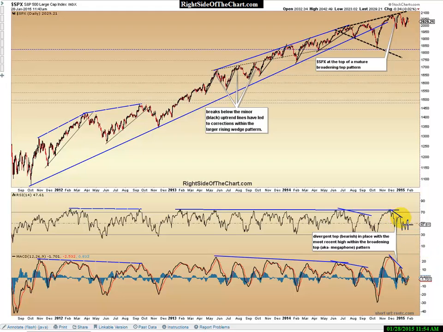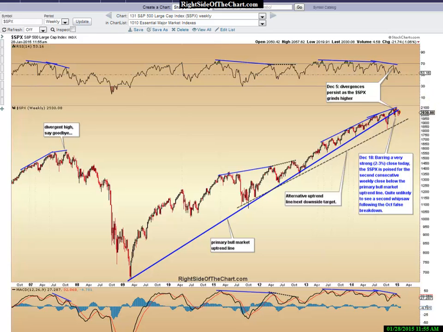And if you look at these blue lines down here, this latest move up into the most recent highs was a divergent high as well. So the fact that we're at the top of this pattern, with prices rolling off, helps steer me towards the more bearish resolution of this current trading range that we're in now.